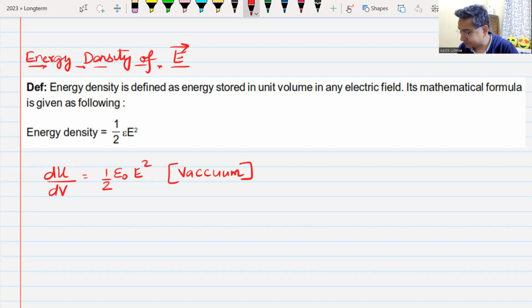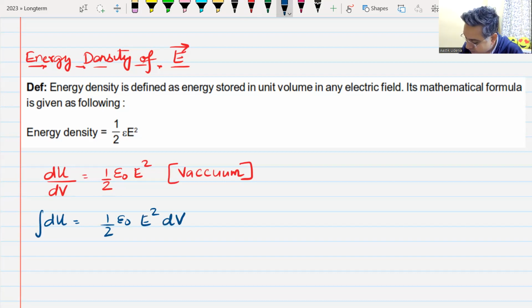So I can write small amount of energy du will be half epsilon naught E square into dV. To find out the total energy, you just need to integrate it. Everyone has noted this down?